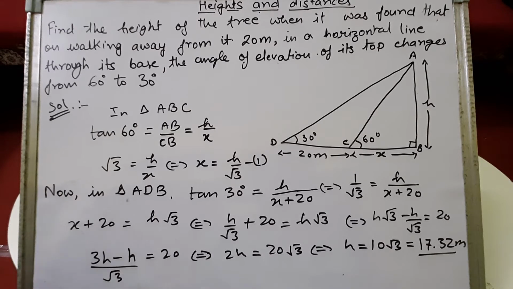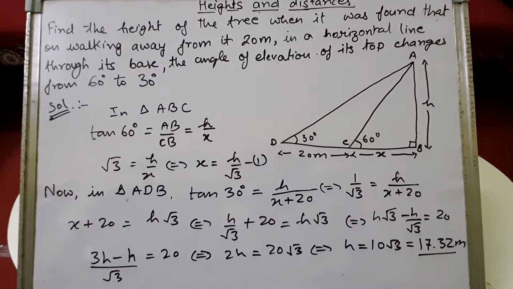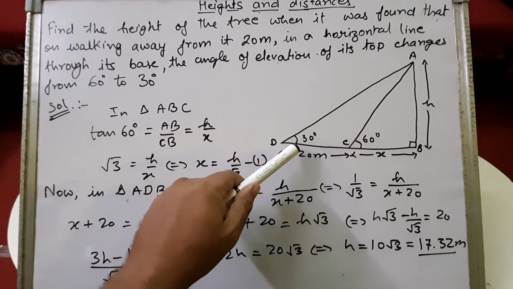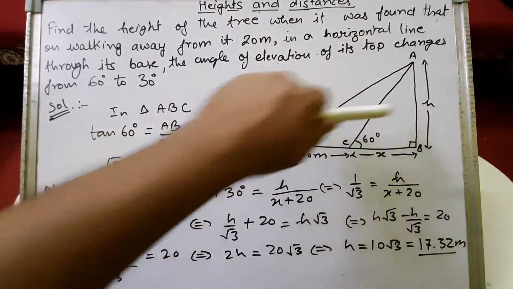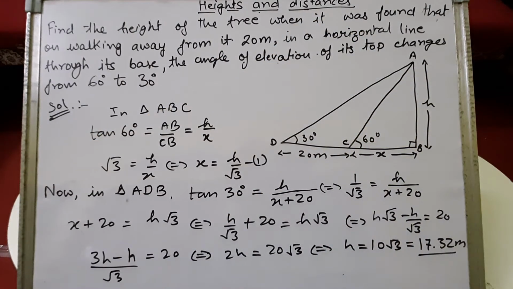Now we got the value of X in terms of H. Now let's discuss the whole triangle ABD. Now in triangle ADB, we are going to apply tan 30 degree because here the angle of elevation is 30 degree. So tan 30 will be the height of the tree H upon this distance BD, right?